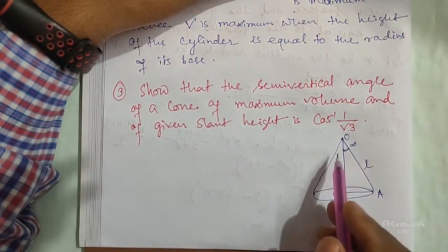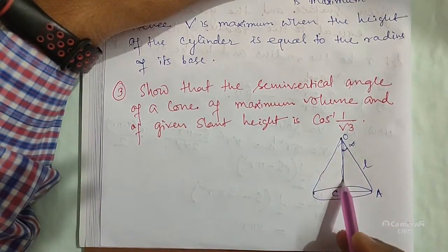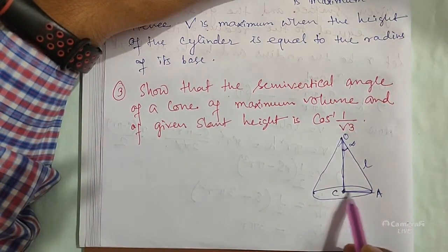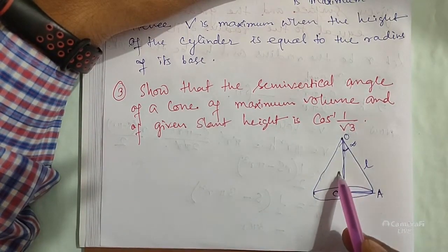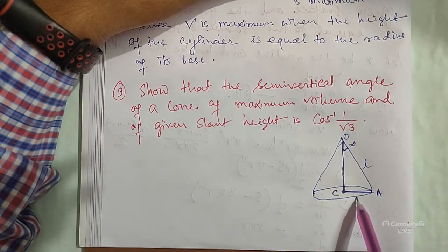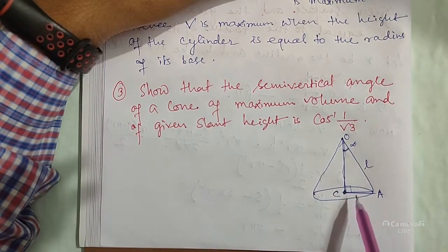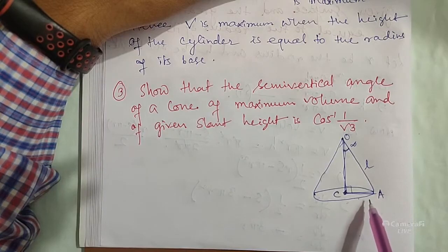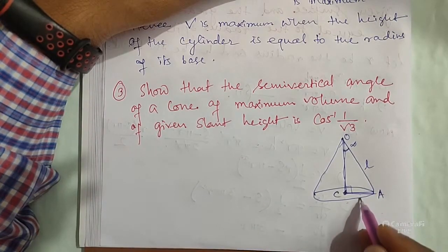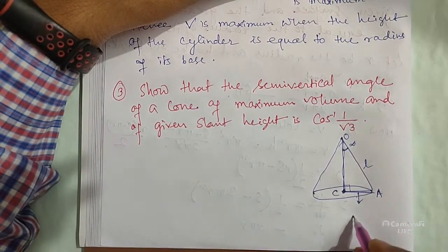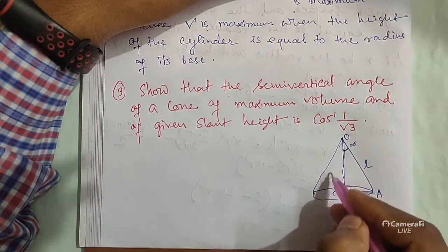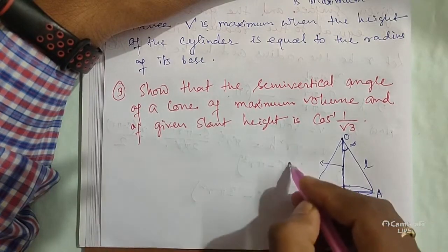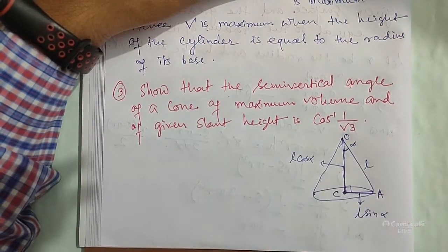So if this angle is alpha, that means this is the base and this is the perpendicular. We know that the adjacent side of the angle will always be the base. If this is base, this is perpendicular, so from this right angle triangle we can say that this perpendicular will be L sin alpha and this will be L cos alpha.